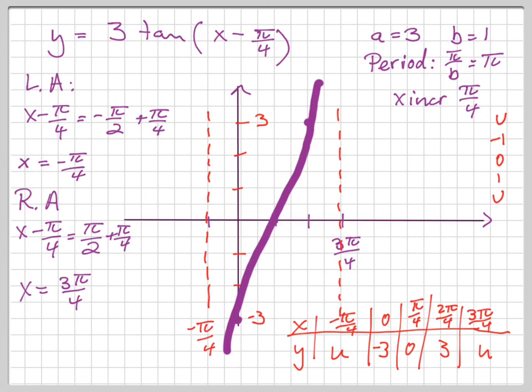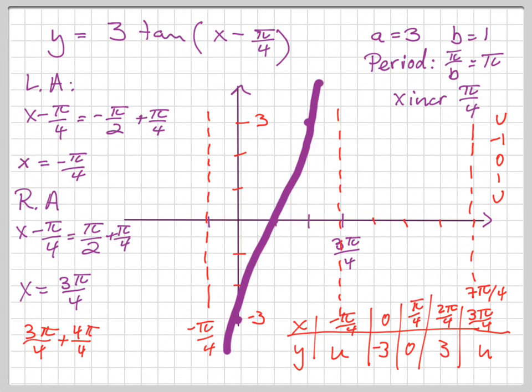Now, if we wanted another period, then to find the third asymptote, we have 3 pi over 4, and we can just add pi to it, plus 4 pi over 4, which is 7 pi over 4. That would be my next asymptote.